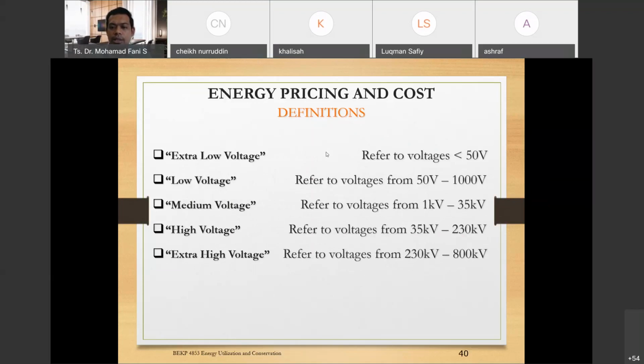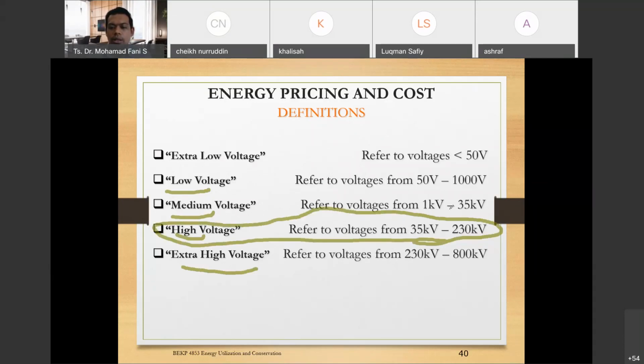This one is the definition for the voltage. Low voltage, medium voltage, high voltage, and ultra voltage. That's the value for the high voltage. Okay, over 33 kV they call it high voltage, and the medium voltage is from 1 kV to 35 kV.